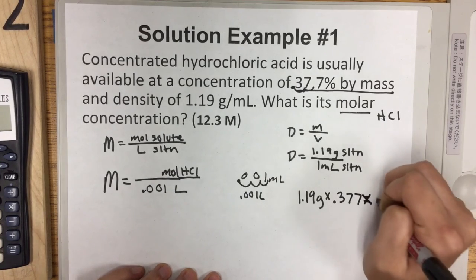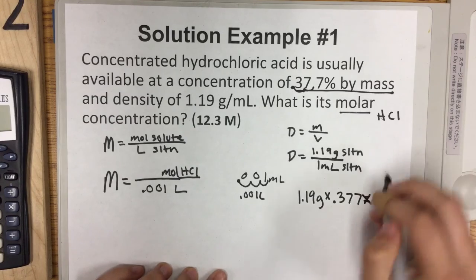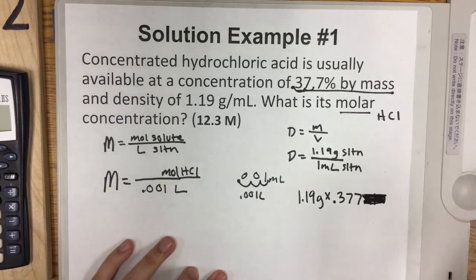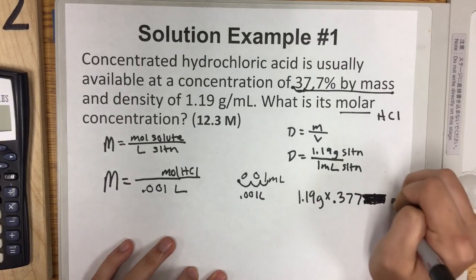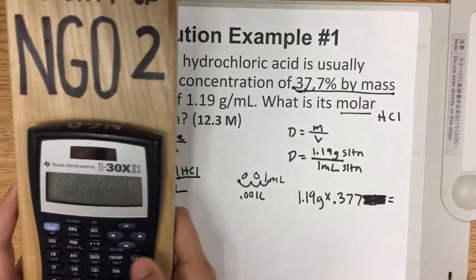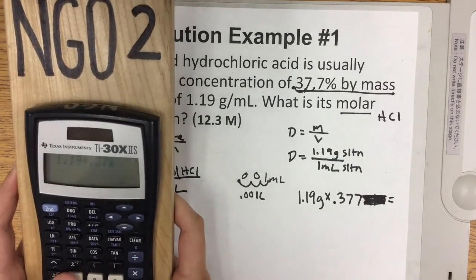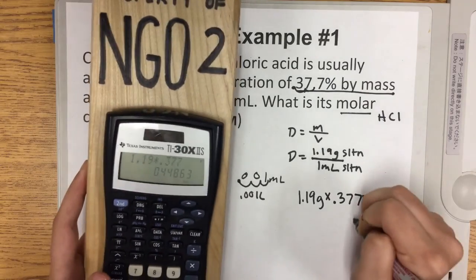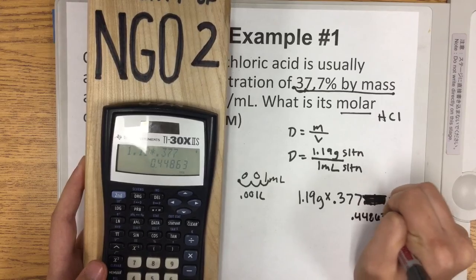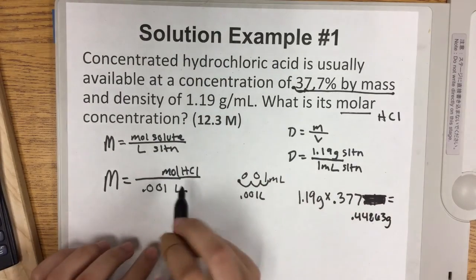You would not multiply by 100 because you're getting it to grams, not a percentage. So let's plug this into the calculator. 1.19 times 0.377 gives us 0.44863 grams.